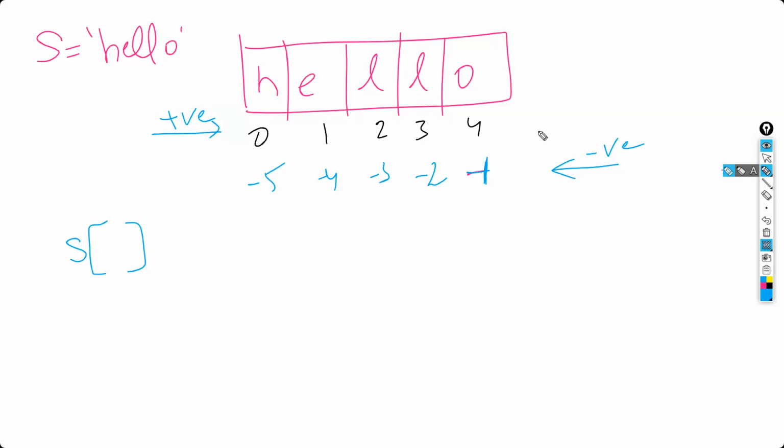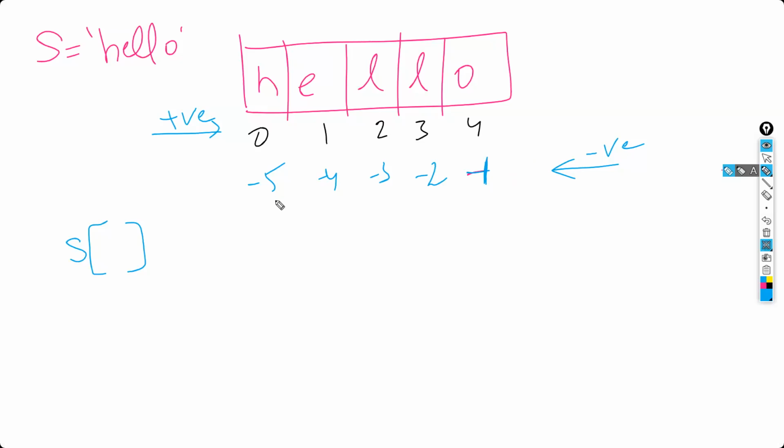Index numbers like 1.2 or 1.3 are not available. The positive index starts from 0 to a maximum of length minus 1. How many characters are there, minus 1 is the last number. Similarly, in the negative direction, it starts from minus 1 to minus the length of characters. How many characters are there, that many length.